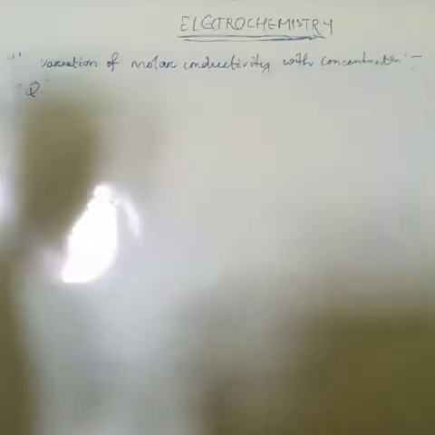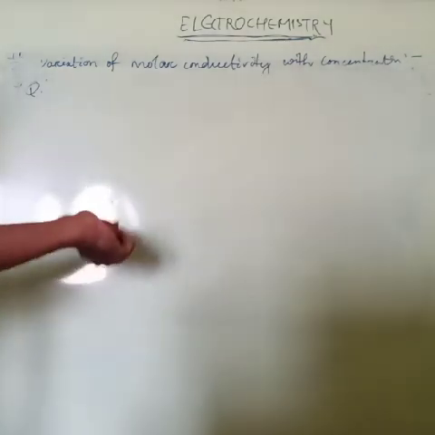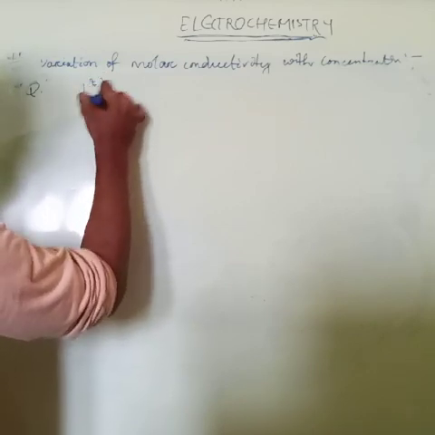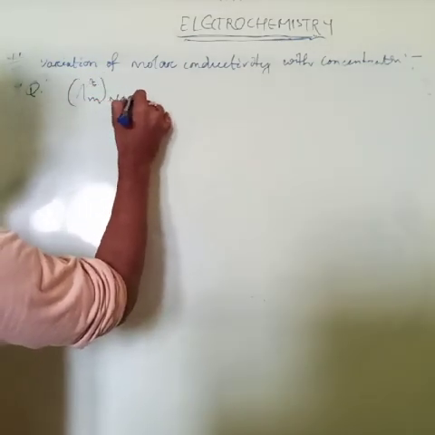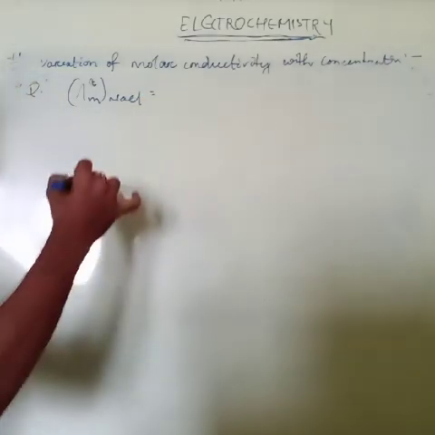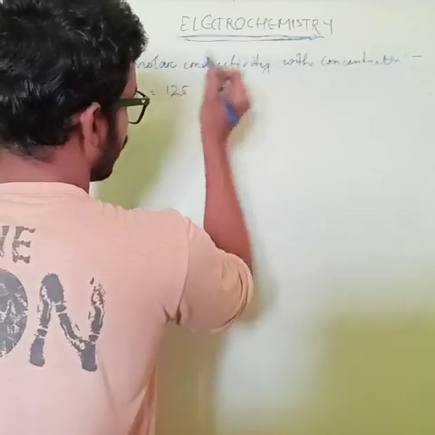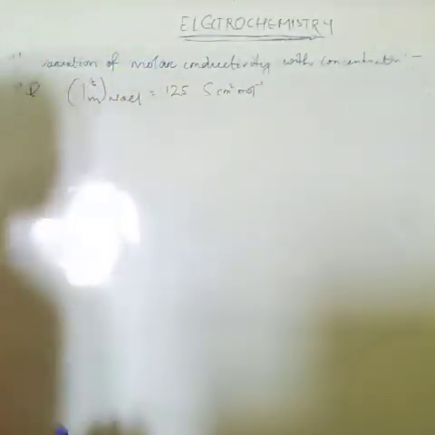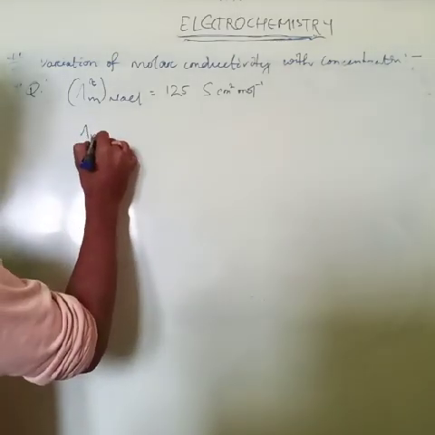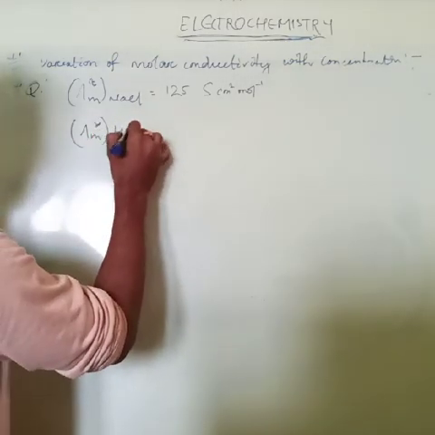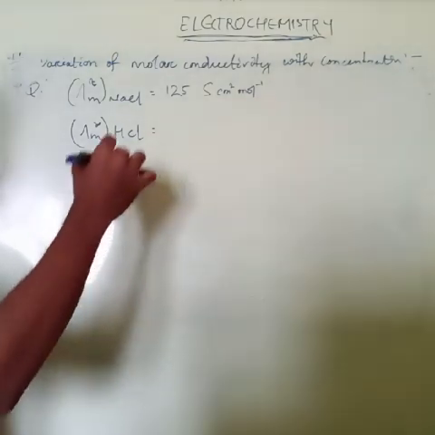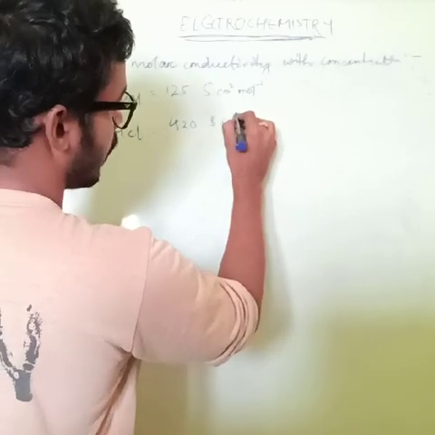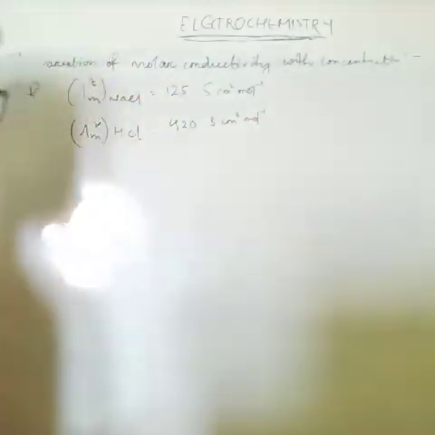Okay, so the problem is that the molar conductance at infinite dilution of NaCl is given as 125 S cm square mole inverse. Molar conductance at infinite dilution of HCl is given as 427 S cm square mole inverse.